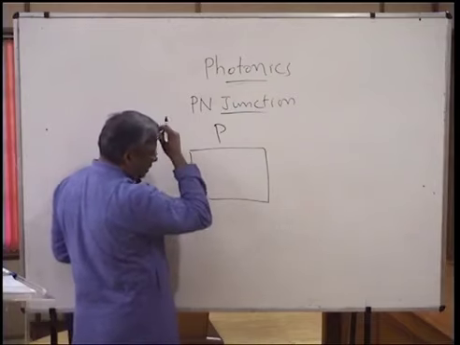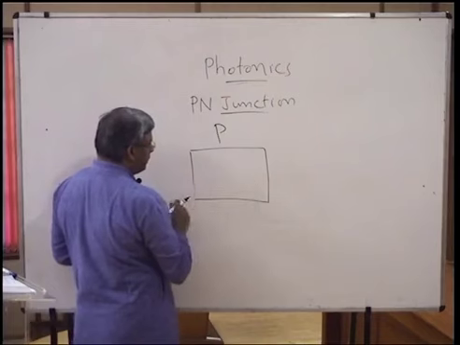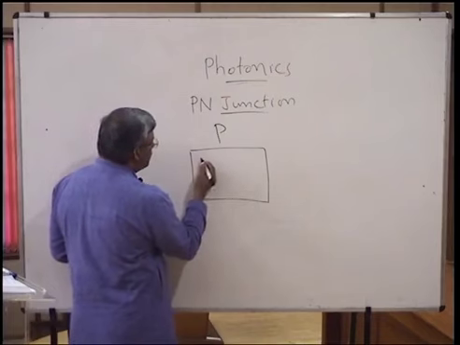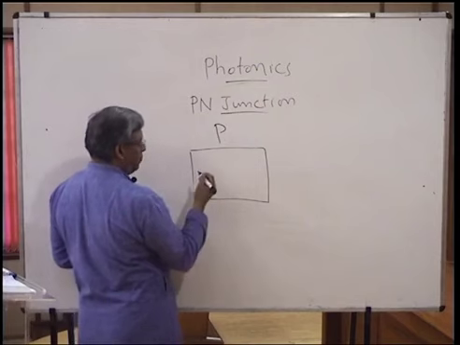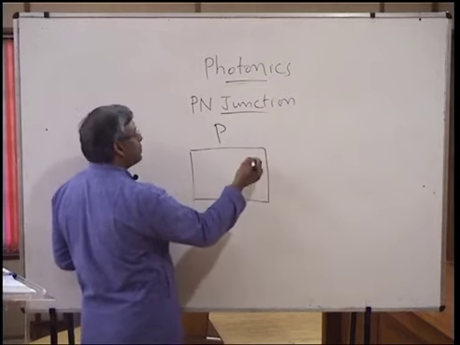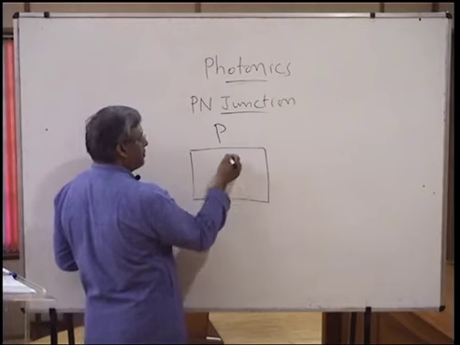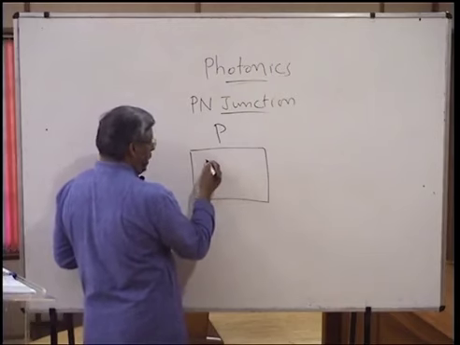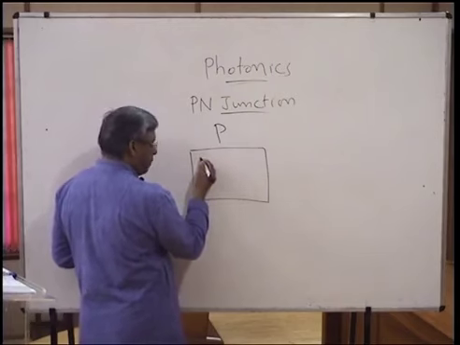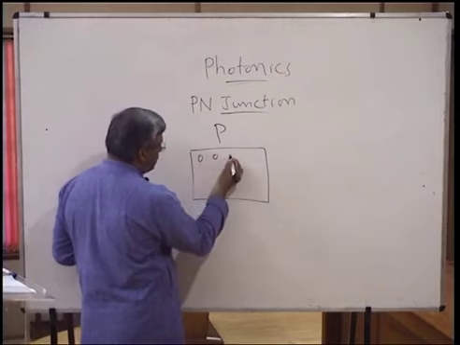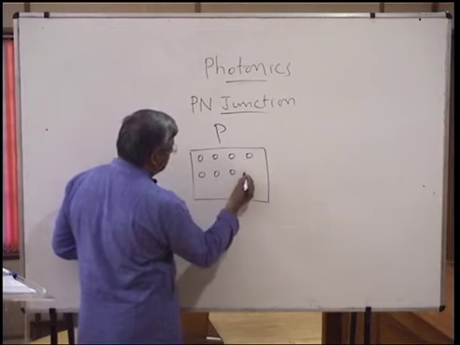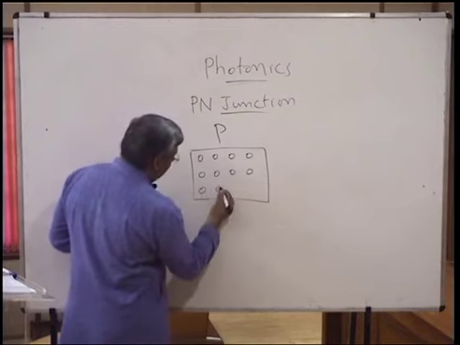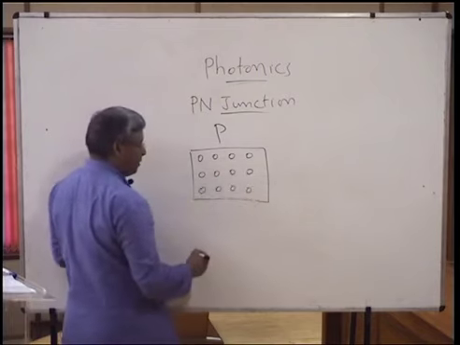But right now we have only 7, 4 plus 3. And therefore, there will be absence or vacancies or holes for electrons. Absence of electrons, absence of negative charge, you can represent as a positive charge.